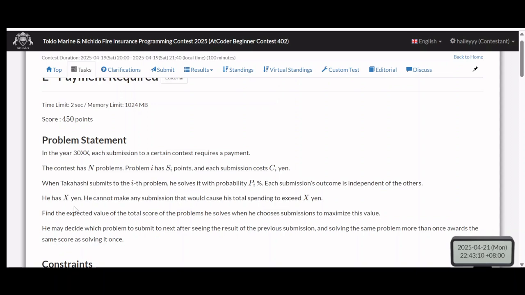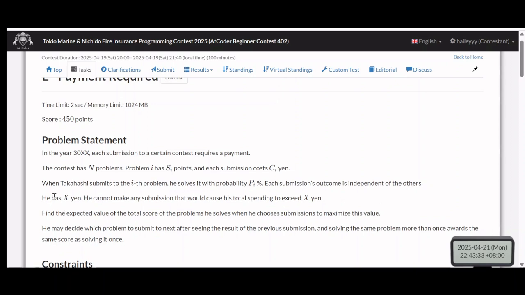Problem i has Si points, and each submission costs Ci yen. Takahashi submits the ith problem. He solves it with a probability of pi%, and each submission's outcome is independent of the others.